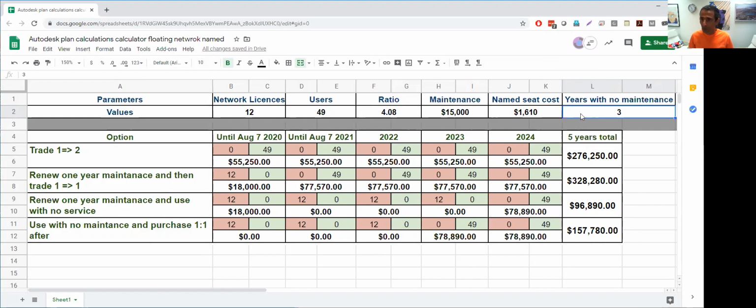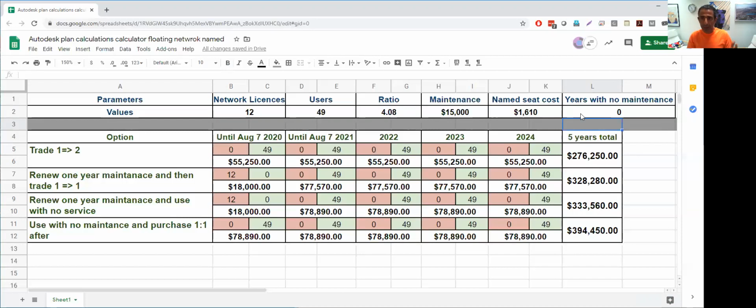So let's go to the extreme. If you say 0, then you can see that in that case I should trade 1 to 2. So if you can't accept it, then the offer from Autodesk is the best. If you need maintenance and you must be on the cutting edge of the software version, take the offer according to this data.